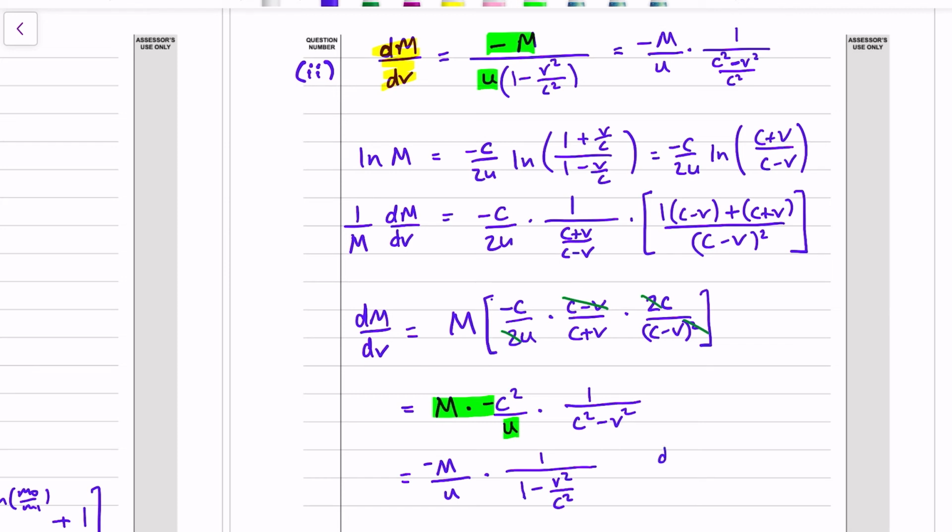So I could put a note there: dividing top and bottom by c squared. And that is, if I put some brackets around it, the answer to the question, equals right hand side, proven. So given the solution that we've got, if we differentiate the solution and tidy it up a bit, it turns out to be the right hand side of the differential equation. So therefore it is a solution to the differential equation.